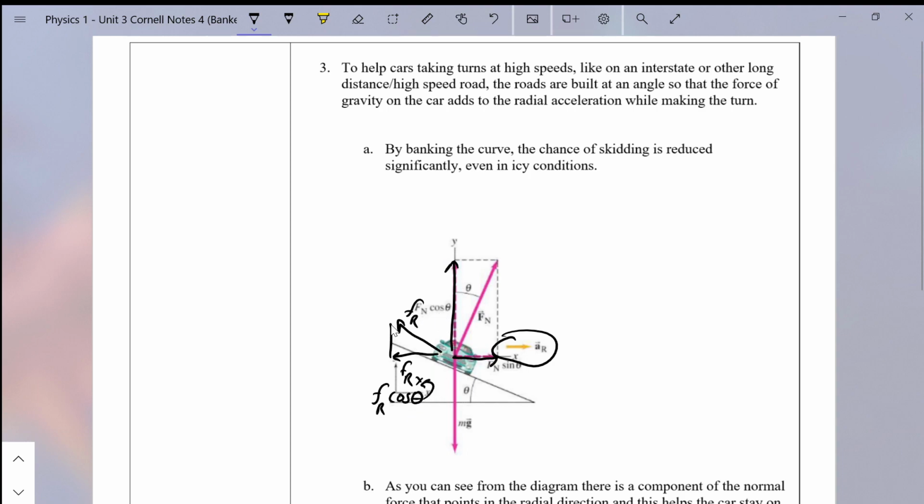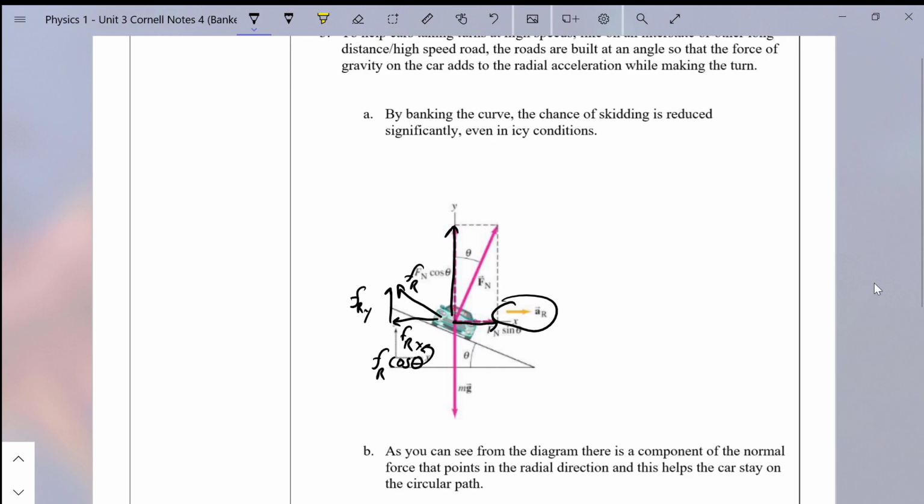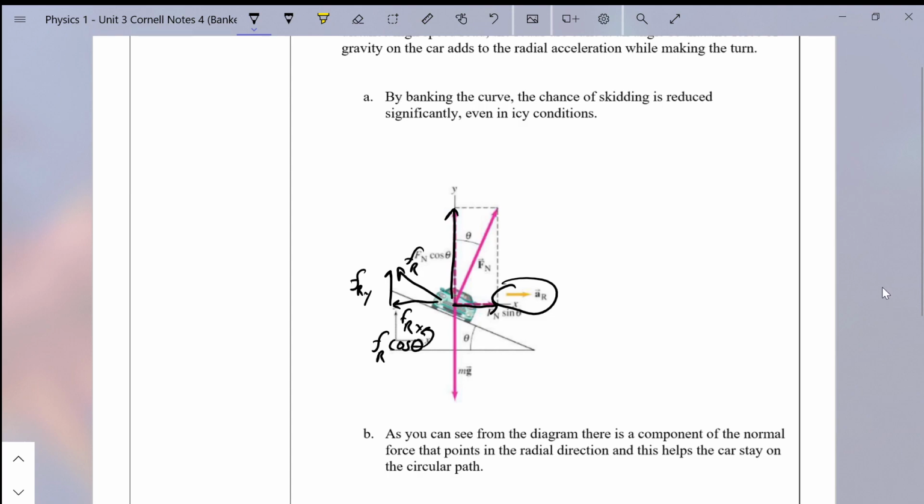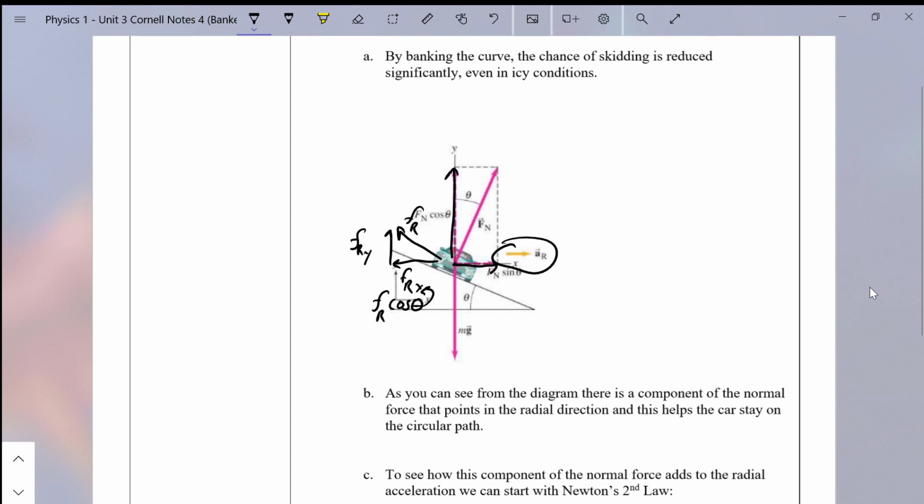And we also have a y component, Fry. So Fry plus the normal force in the y direction equals our gravity force, and also Frx plus the x component of the normal force will give us our m a sub r.